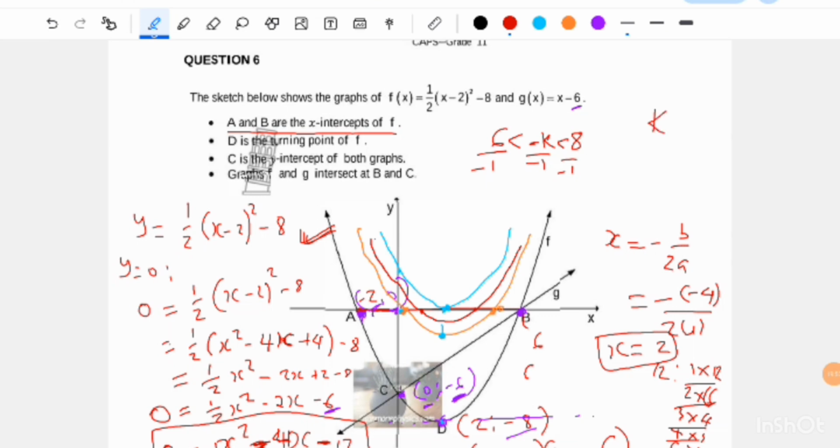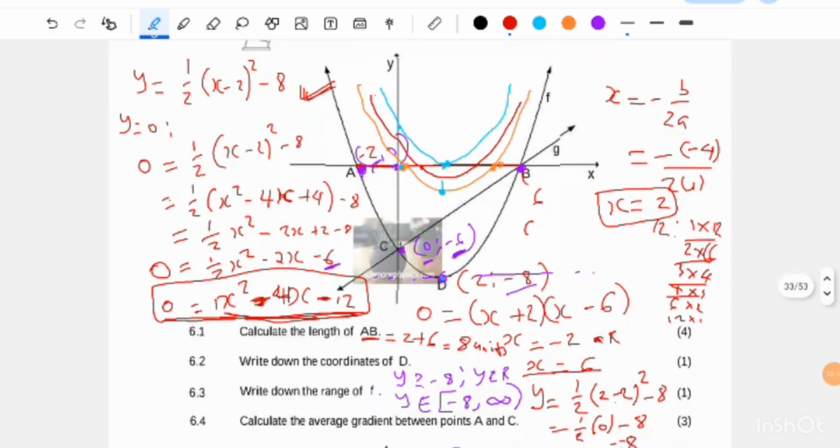So you're going to have k should be greater than negative 8 and k less than negative 6. But however, mathematically, we're not allowed to write it in this form. We will just have to reverse it like this and say k is greater than negative 8, but k less than negative 6. So those are our values. Okay.